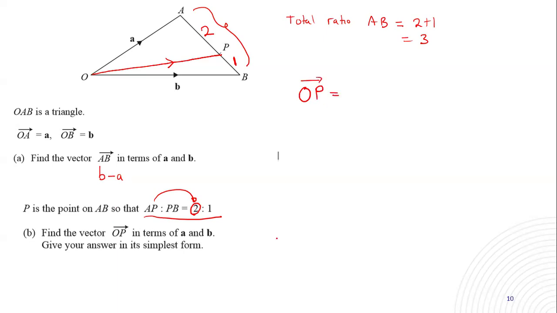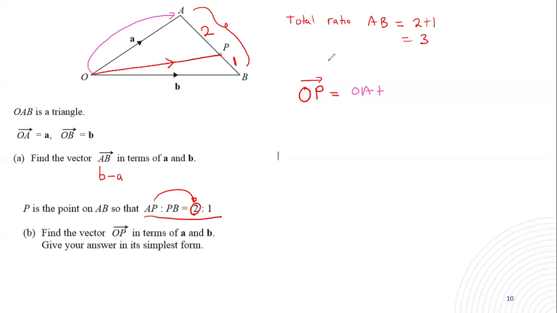Someone raise a hand and tell us which path we can use to get O to P. Yes, Jonah? Good morning, teacher. Morning. You can use OA plus AP. Good.